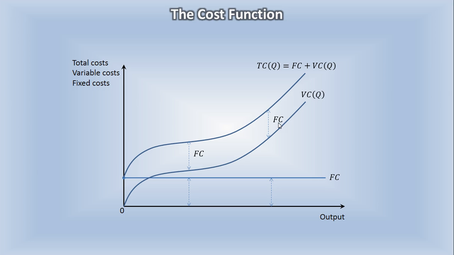The extra amount that you have to spend on each additional unit will be less than the prior unit because of those increasing returns. And so that's represented by the slope of the total cost function along this initial range here, where we see that the slope is getting flatter and flatter and flatter.